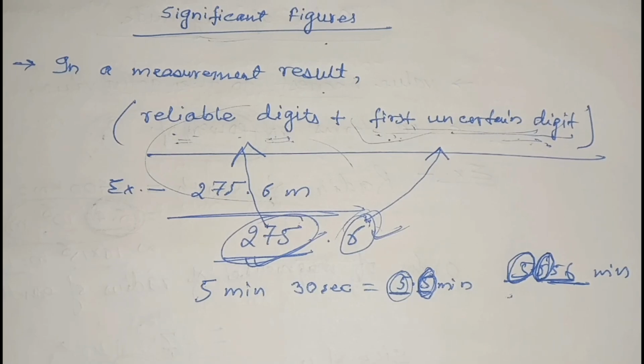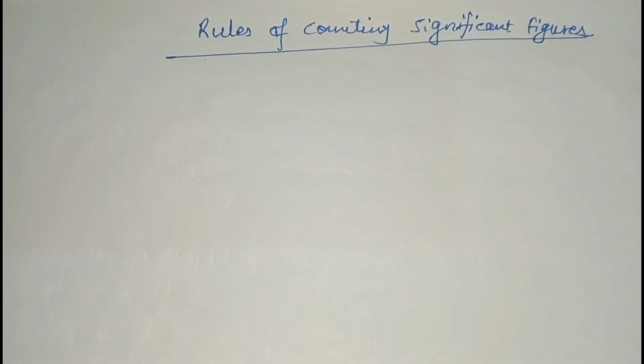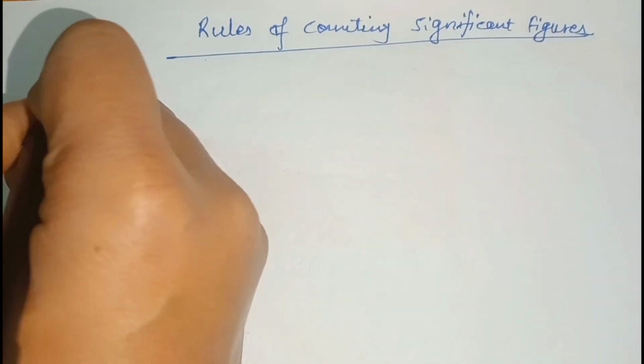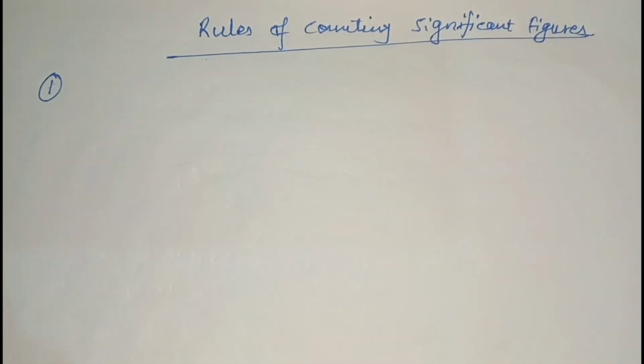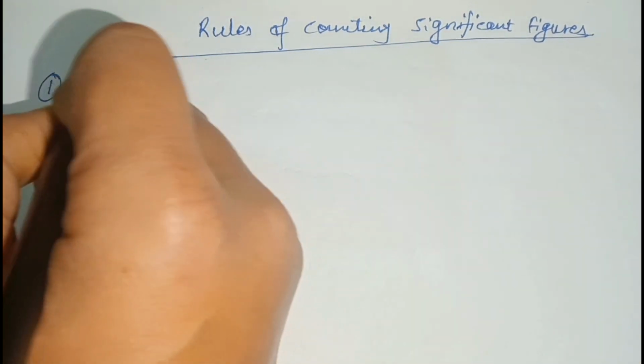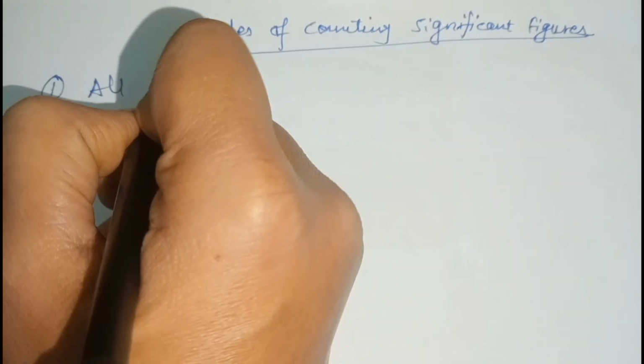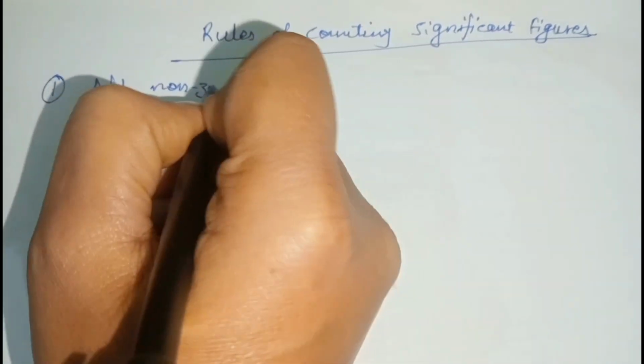Now we study the rules of counting significant figures. Rule number 1 tells that all non-zero digits are significant. This is a simple rule.